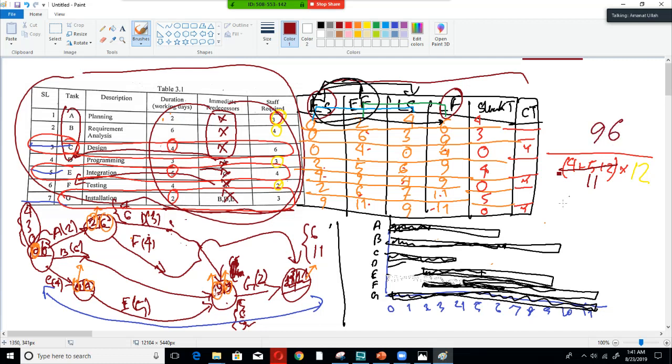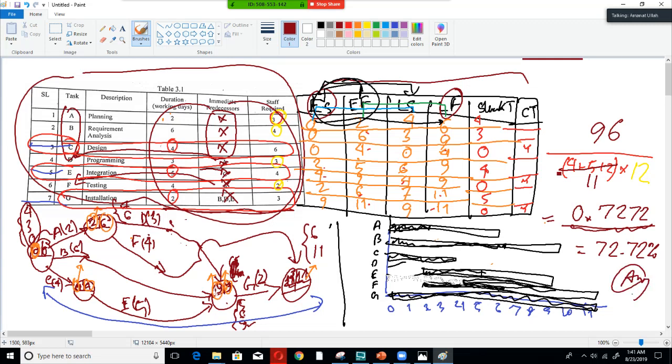So 96 divided by 132, 11 into 12, gives 0.7272, which as a percentage is 72.72%, and this is the final answer.